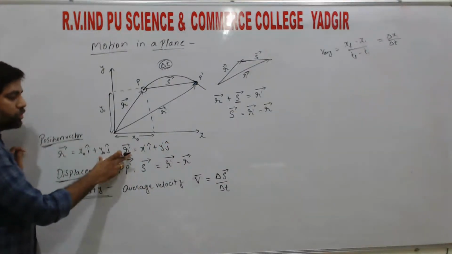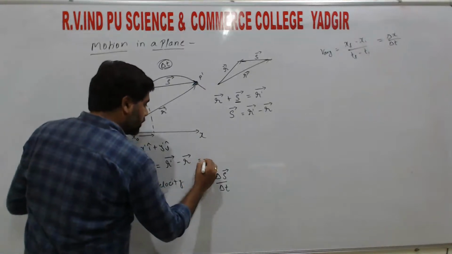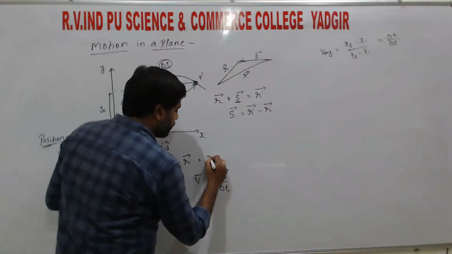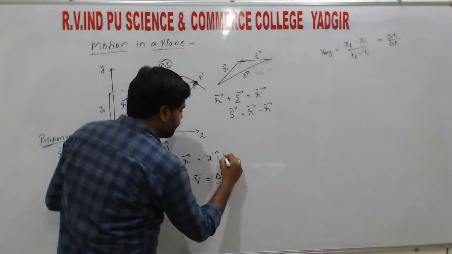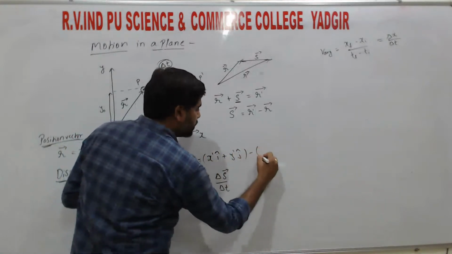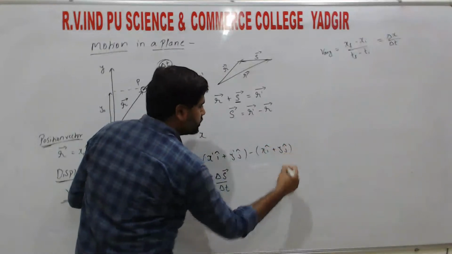So these are the two position vectors. So displacement vector. So we can write this as x dash i cap plus y dash j cap minus x i cap plus y j cap.